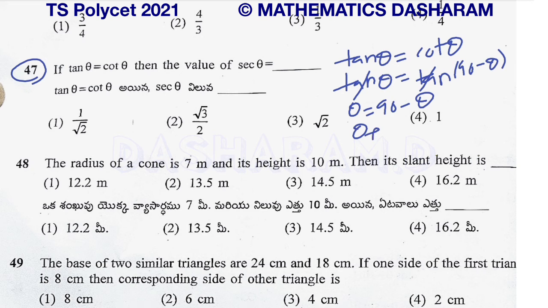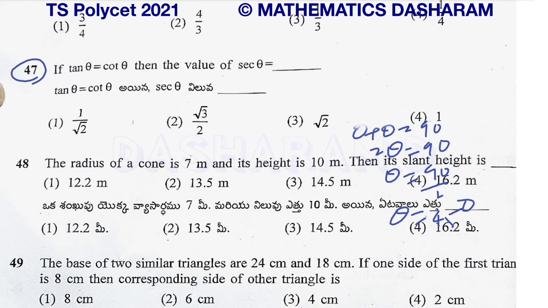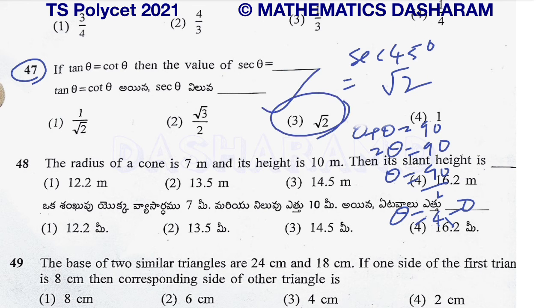So 2 theta equals 90, then theta equals 90/2, which is 45 degrees. Now he is asking what is sec theta. Sec 45 degrees is root 2. So option 3 is correct.